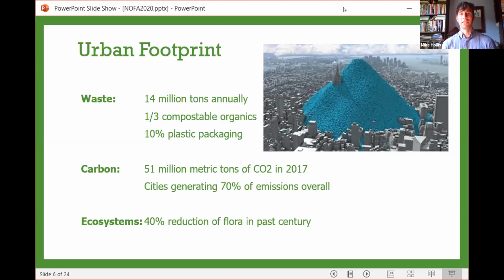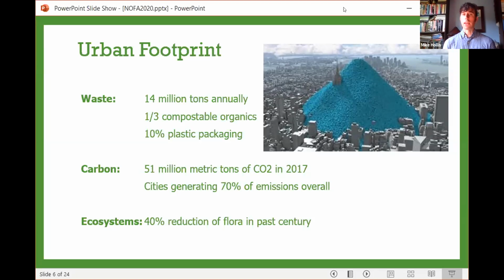This is the 50 million metric tons of CO2 in visible form, condensed to the point that air is actually visible, and you're seeing it bury the Empire State Building. So this is a pretty significant amount of CO2 in New York City.